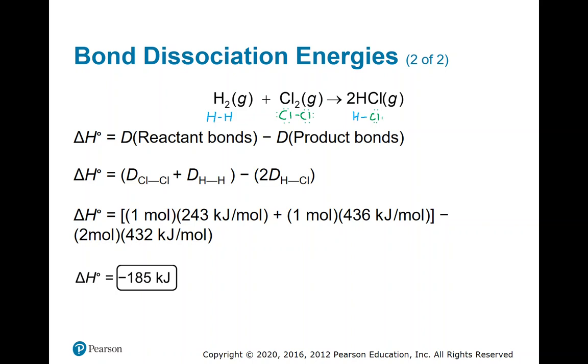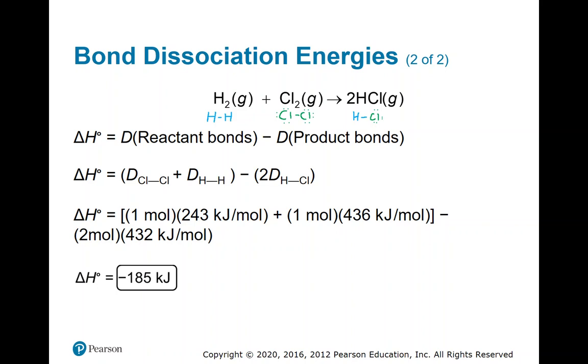Now, there's a couple of things to take into account here, which is how many of these bonds do we have per molecule, and how many moles of each substance do we have. That latter thing also shows up when we're dealing with, say, heats of formation, but when we're dealing with larger molecules, we need to account for how many actual bonds there are in each molecule as well.